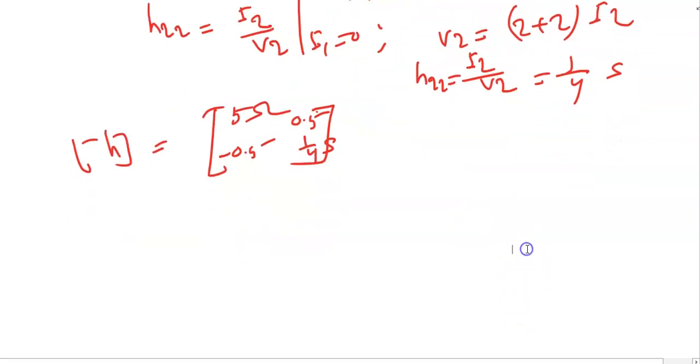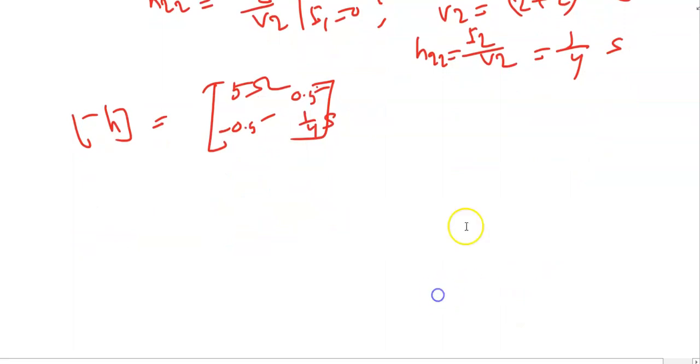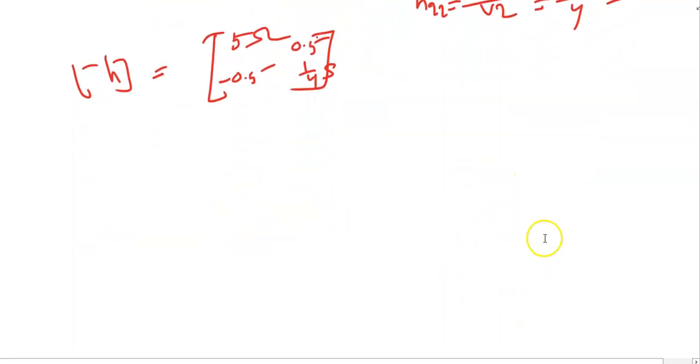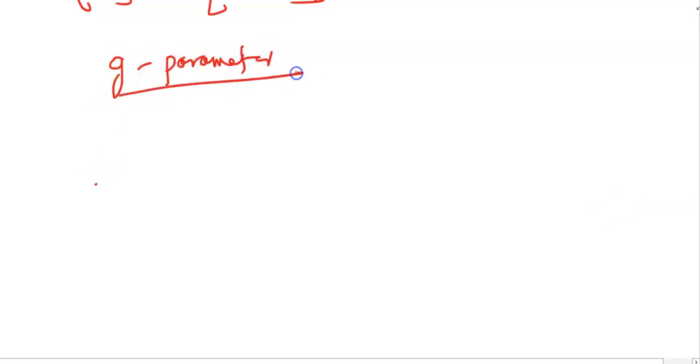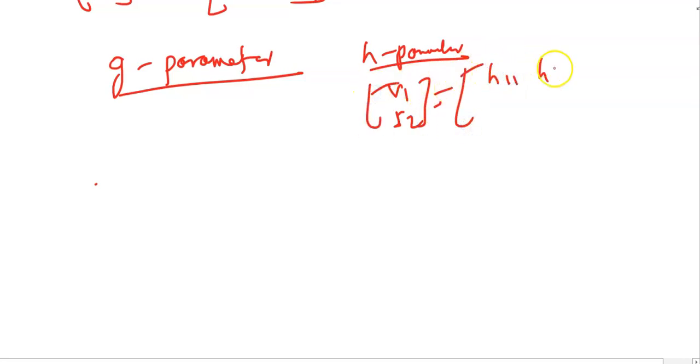In the same way we can define the inverse H parameter, or call it the small g parameters. Here, see, it's very easy to understand. For the H parameter case, V1 and I2 are expressed in terms of I1 and V2 with H11, H12, H21, H22.